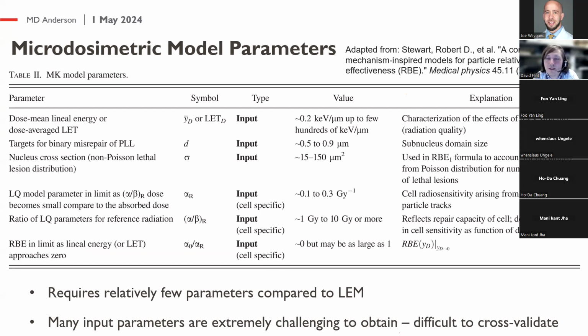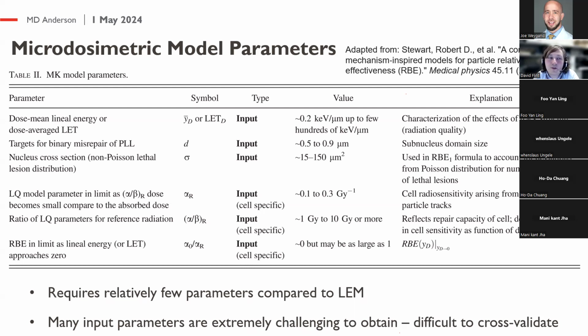So it's very difficult to find survival data in the literature that you can actually test this model on, because you don't have the beam quality specifier, and to obtain it is extremely challenging. You would need a Monte Carlo model of the beamline that the irradiations were performed on, and generally, unless you work at that institution, you do not have that.